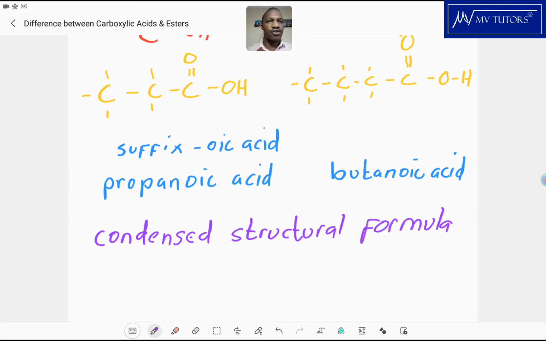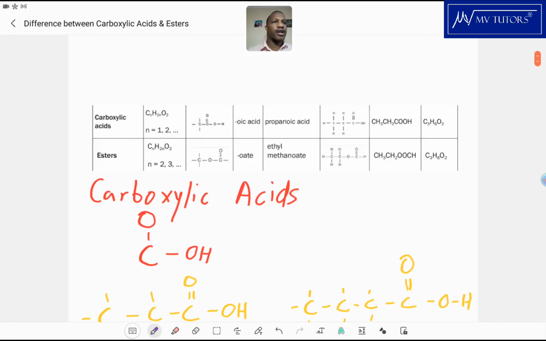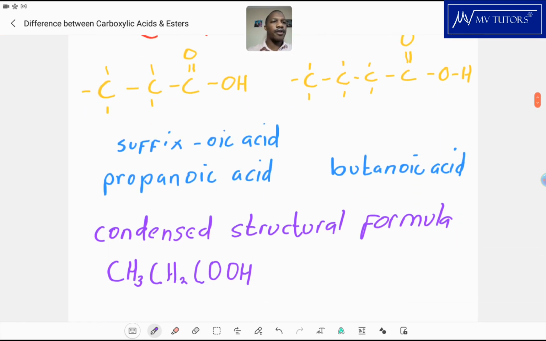As you can see, in the condensed structural formula of propanoic acid, from the left, the first C has 3 H's attached to it. The second one has 2 H's. The third one has an O, which is double bonded, and then an OH. That's how you write that one.